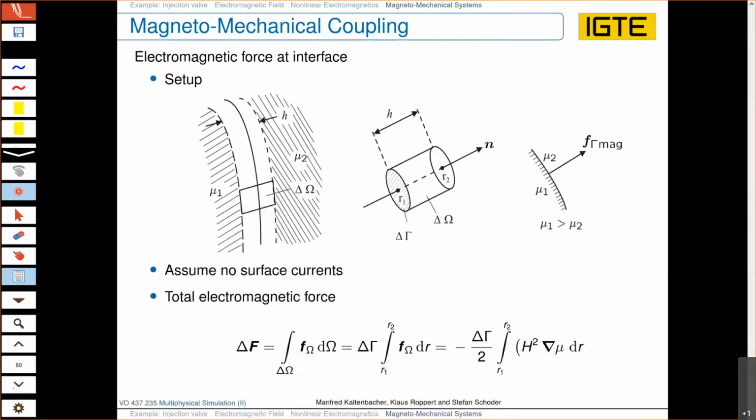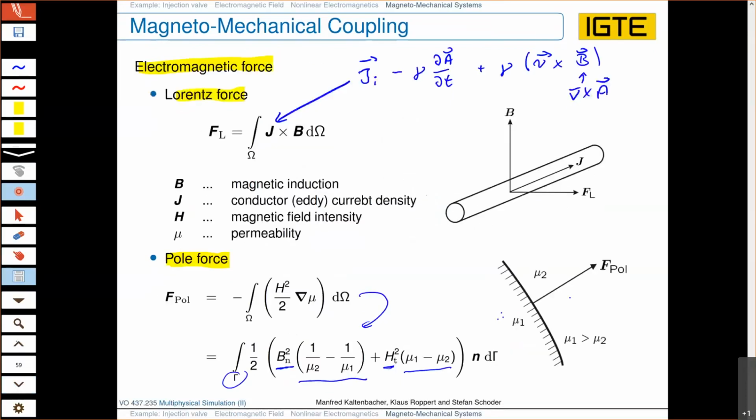So let's have a look at how we can transform this general physical law, as shown here, for this pole force into this surface integral.